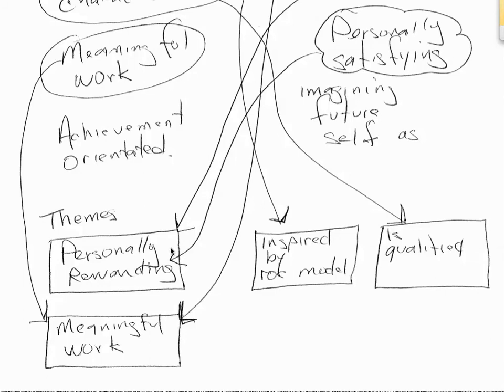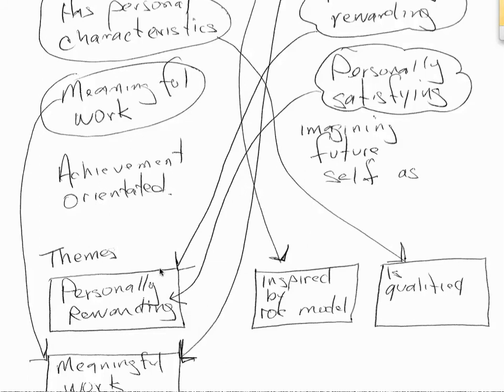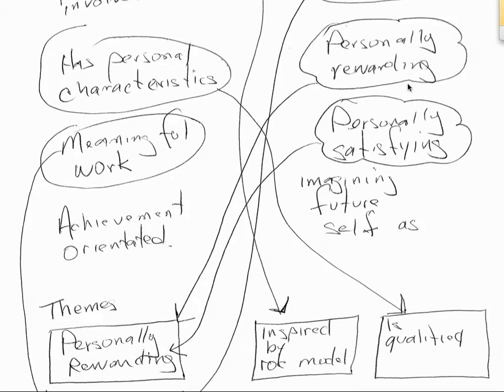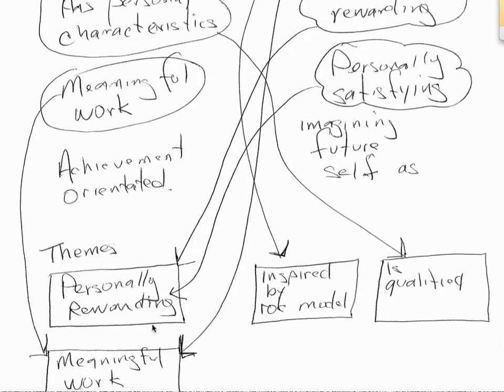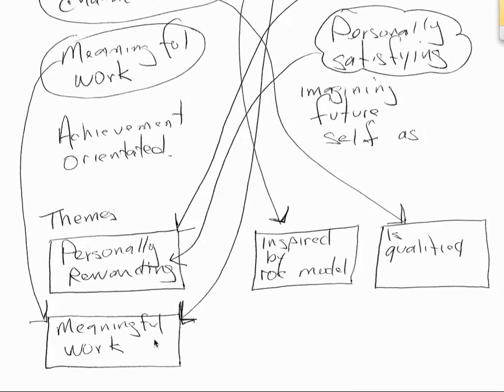So here we see this one theme of being personally rewarding. Now, sometimes you can take one of the codes, and that actually becomes a label for the theme. Personally satisfying, personally rewarding, that goes into this. Inspired by a role model, they felt qualified, have meaningful work. Now, this is just one essay. There might be a number of them, but you can begin to see that we're developing themes.